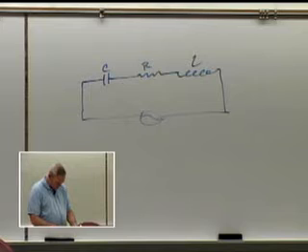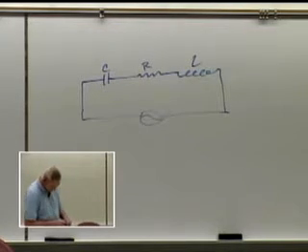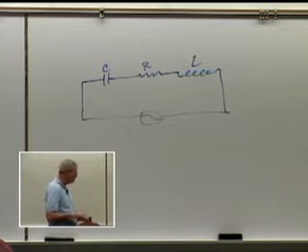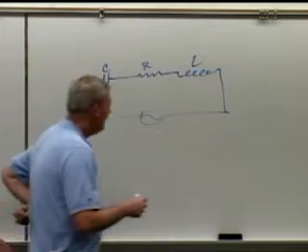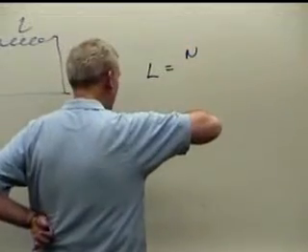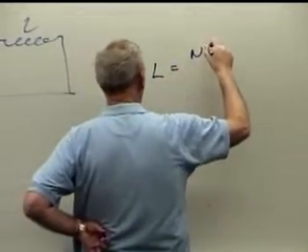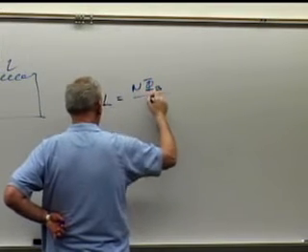I'm kind of getting into Wednesday's lecture here real quick. Just bear with me for a minute. The self-inductance, this is basically what inductance equals: L equals the number of turns in the coil, times the magnetic flux, divided by the amperage.